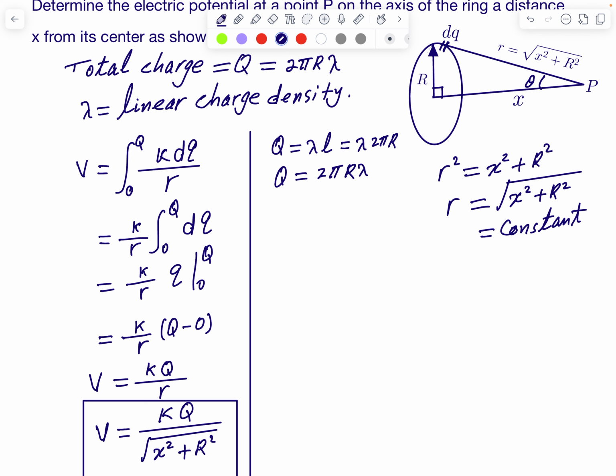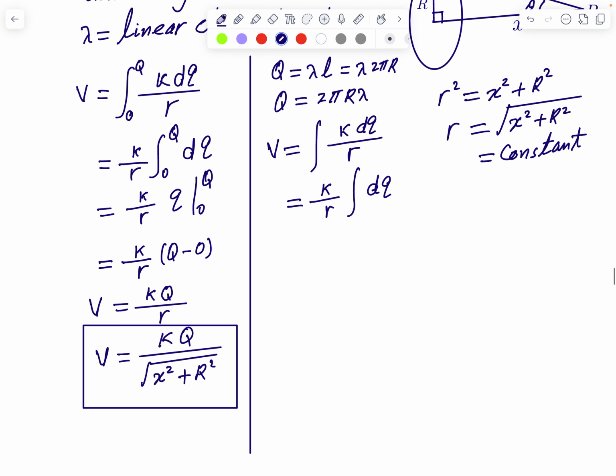And now let's write the equation for potential difference, which is the integral of K dq divided by r. So K is constant, r is constant, therefore we're going to have dq. But what is dq in general?